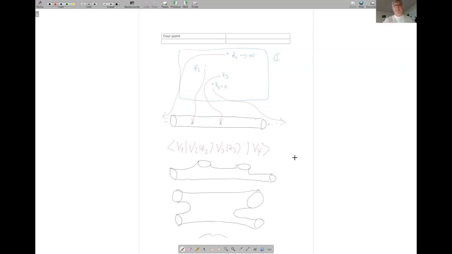And if I keep one point at infinity and the other at the origin, this is an infinite cylinder, which again describes the propagation of one string state, of one string, for an infinite amount of time. But now the string interacts in between with states which are represented by operator insertions at z3 and z4. And the analytic expression would be something like this.